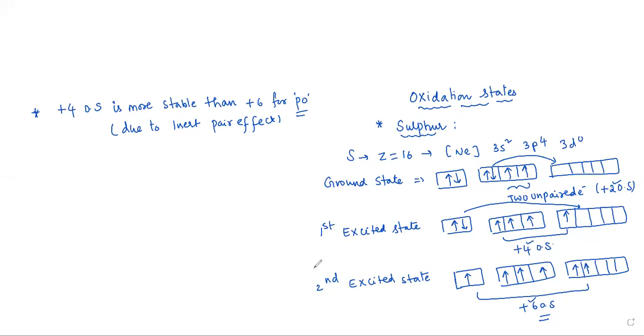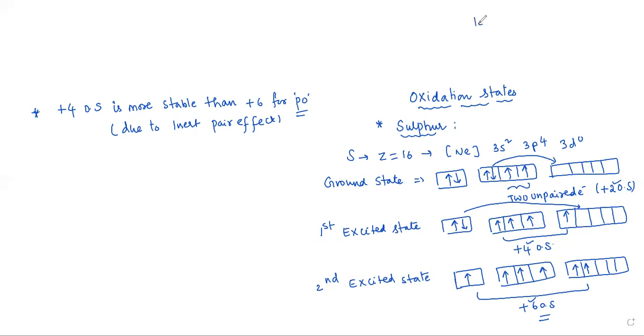Is it clear? But when it comes to oxygen, that cannot exhibit +6 oxidation state, that promotion is not possible, because there are no vacant d orbitals. So in case of oxygen, 2p electrons on excitation have to go to the 3s orbital. There are no d orbitals, and it requires high energy.